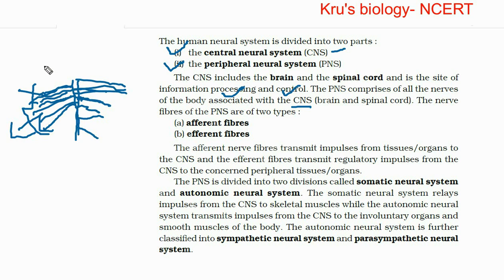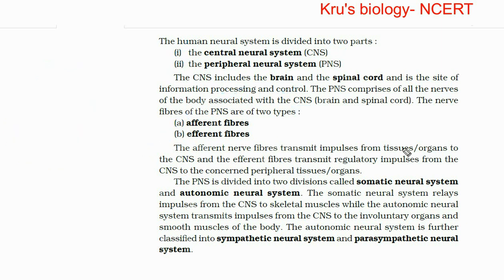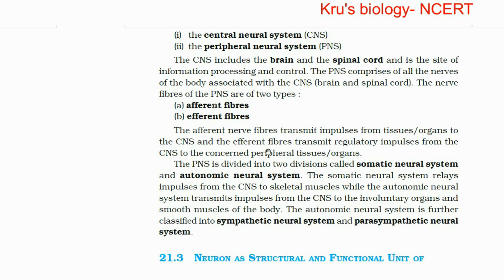These nerve fibers are of two types, afferent and efferent fibers. Now what do you mean by afferent fibers and efferent fibers? The afferent fibers are the nerve fibers that transmit the impulse from a tissue or organ to the central nervous system.